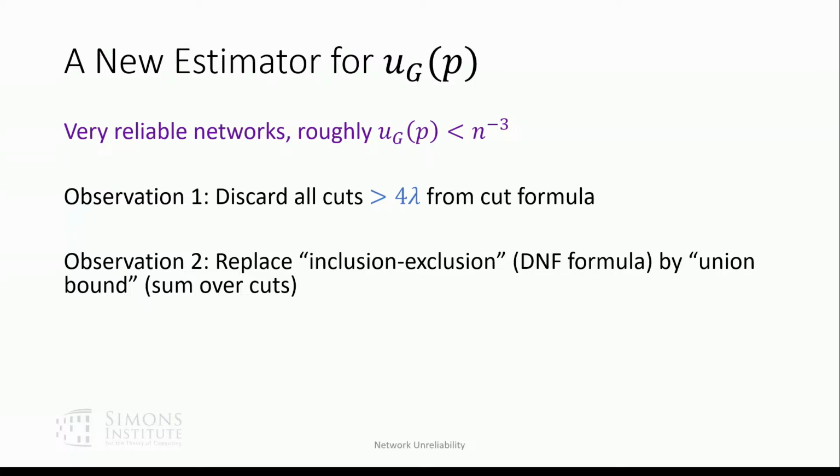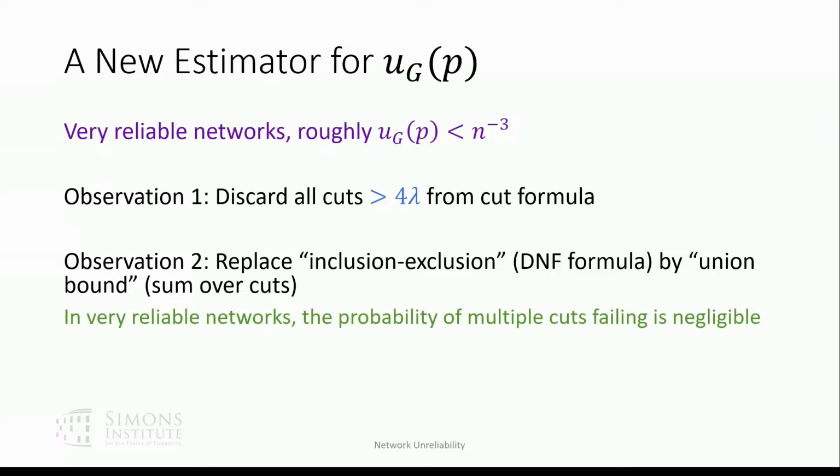You can replace the inclusion-exclusion by simply a union bound over the cuts. This will lose some information about multiple cuts failing simultaneously, but that's a little o of u probability event. I don't care about the small probabilities. I'll absorb that in the approximation. So that makes my life a lot simpler.